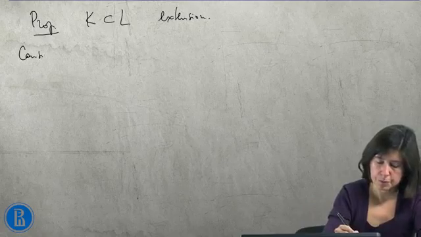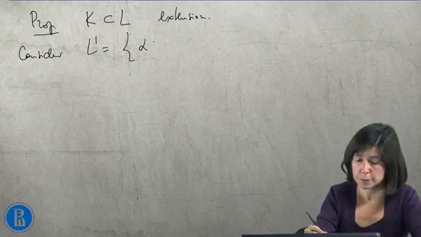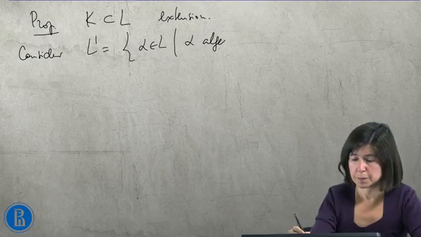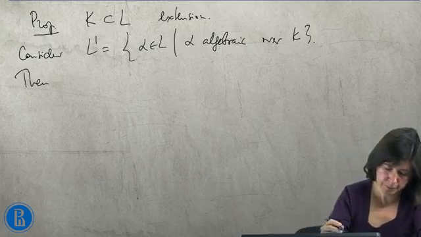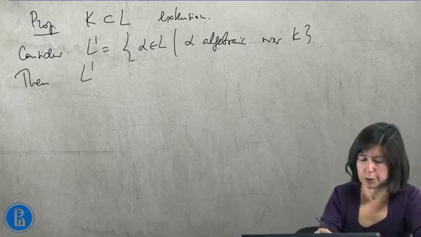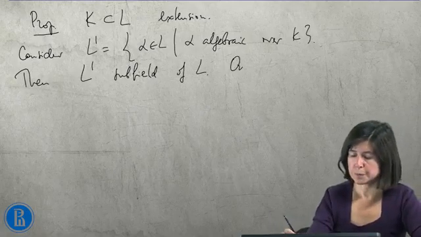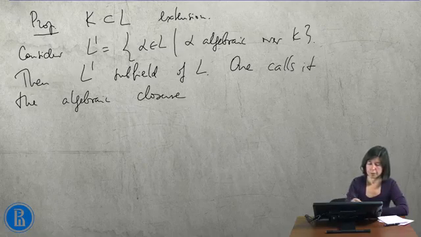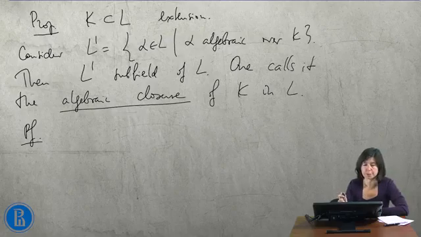So consider L prime, which is a subset of L formed by all elements algebraic over K. Then L prime is a subfield of L. One calls it the algebraic closure of K in L. Well, the proof is of course easy.